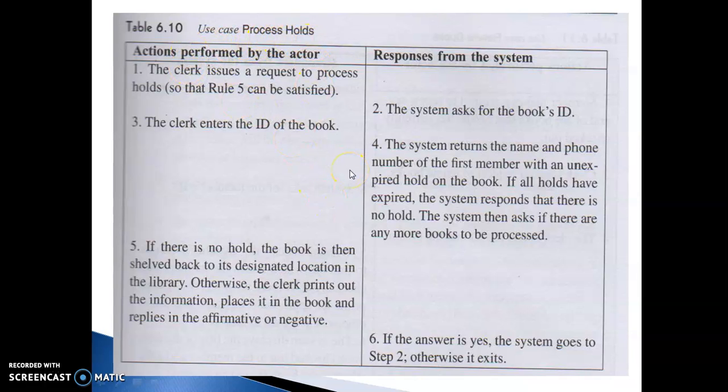Okay, use case process hold. So what is this use case process hold? Suppose you are using process hold, how exactly does the process hold work? Here we have actions performed by the actor and the response from the system. The clerk issues a request to process holds. So it should satisfy rule 5.